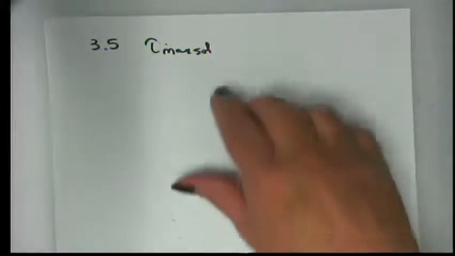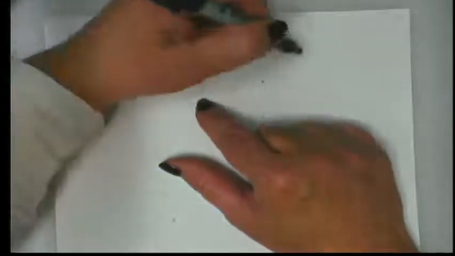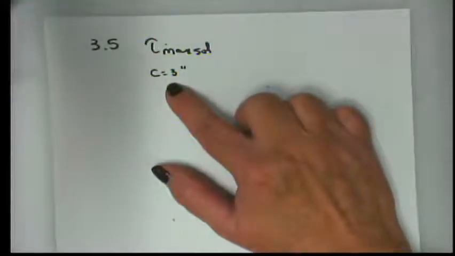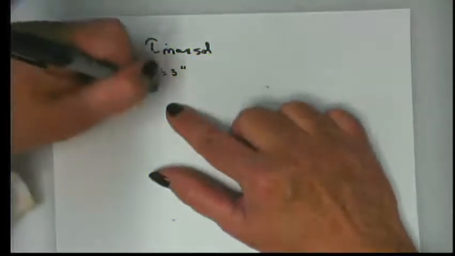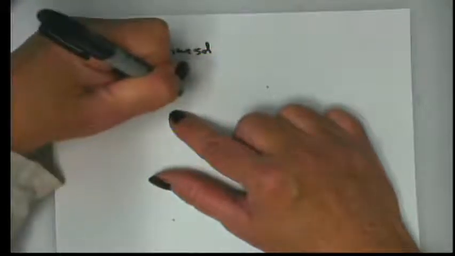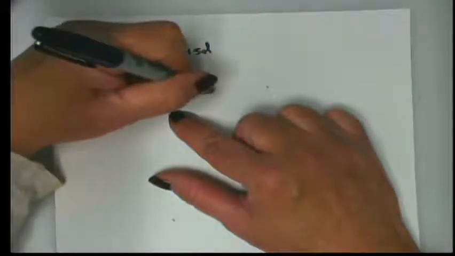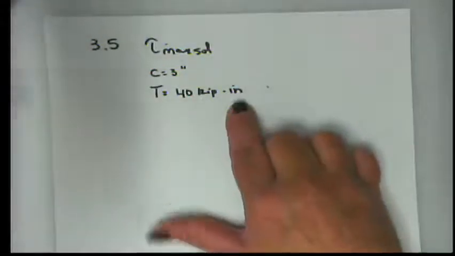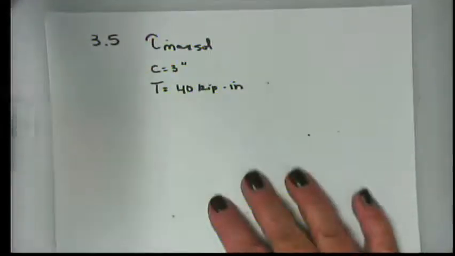All right, so we have a 3-inch diameter shaft. So C is equal to 3 inches. And it's loaded as shown. It has a torque of 40 inch kips, which is 10 to the 3rd inch pounds. Great unit.